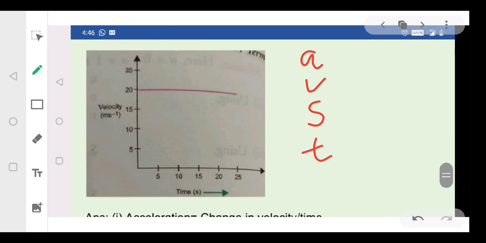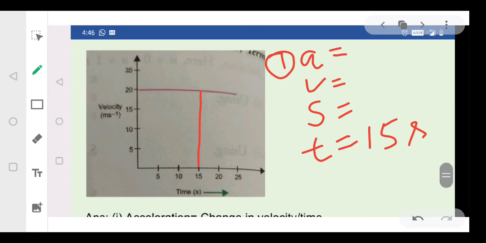What is given to us in the question is the time. Time is 15 seconds. So here you will see 15 seconds. This is the time. You have to find acceleration, velocity and the distance. First and foremost, acceleration. By looking at the graph, the first thing you get to know is that the body is traveling with a constant velocity.